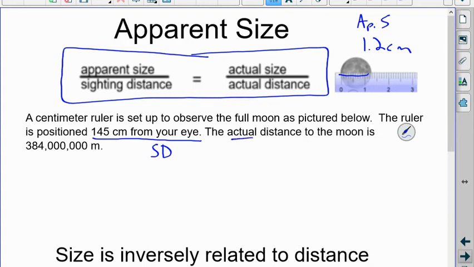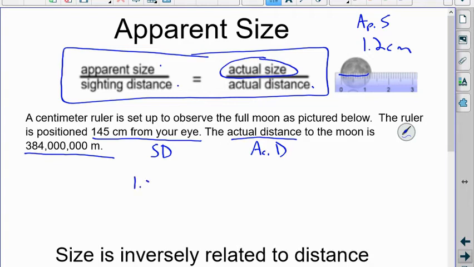The actual distance to the moon is 384 million meters. You are given three things: the actual distance, the apparent size, and the sighting distance. It's looking for the actual size of the moon. So I would fill in the things I know.